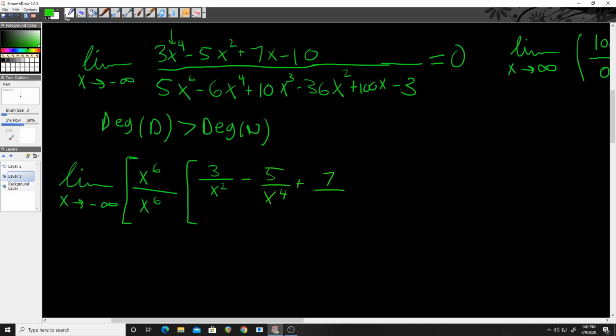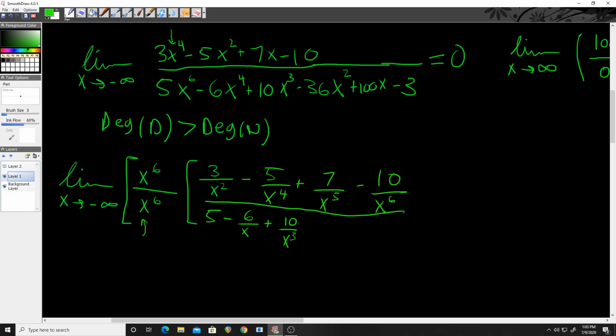I had 1, I'm taking 6 away, that means I gotta divide by 5 of them. And then minus 10 over x to the power 6. Okay? Over. And now, again, I've already taken x to the 6 out. If I take x to the 6 out from 5x to the 6, I'm left with just 5. Minus, this will be 6 over x, plus, this will be 10 over x to the 3.